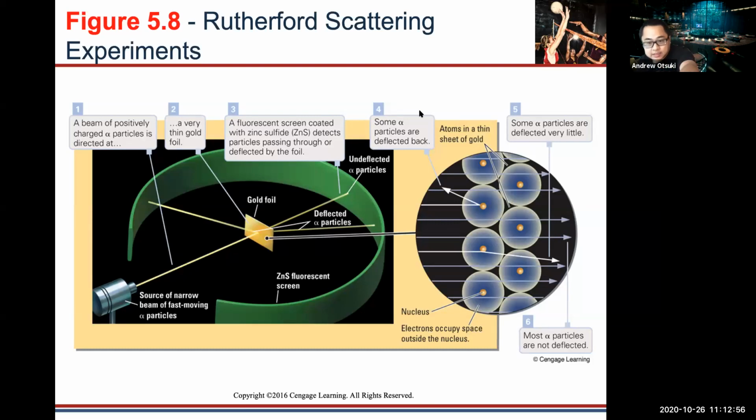In this screenshot, you can see that the nucleus would deflect some of the particles, but most of the time, these blue arrows, the particles just flew straight through the gold foil and to the sheet right here that detected those particles.